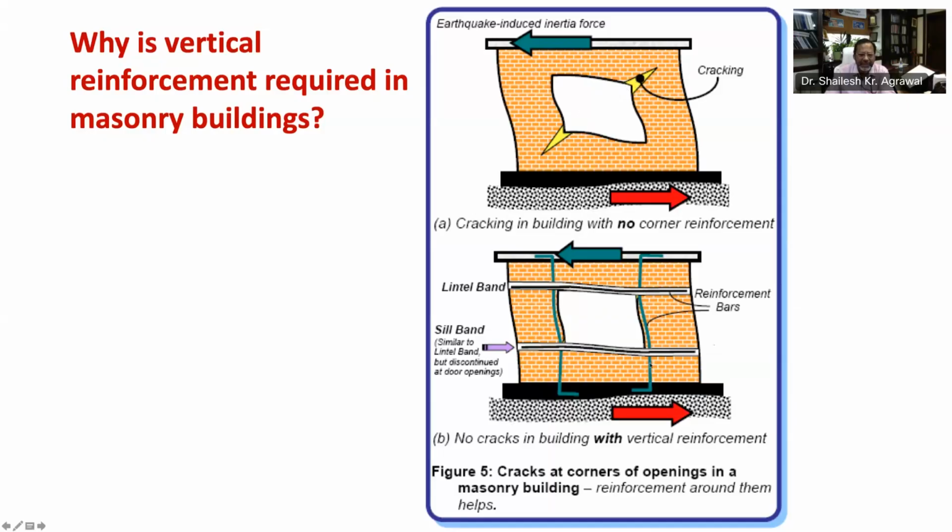The steel bars provided in wall masonry or around the opening restrict these cracks at the corner, as shown in this figure 5B. Therefore, always remember lintel and sill bands above and below openings along with vertical reinforcement adjacent to vertical edges provide protection against the type of damage I explained to you in this tip, that is rocking, sliding and diagonal cracking.